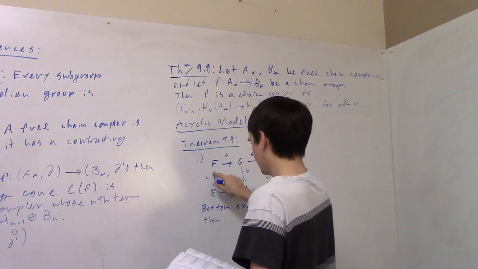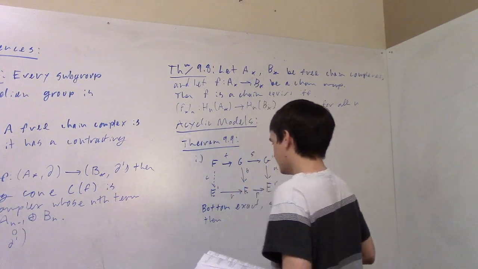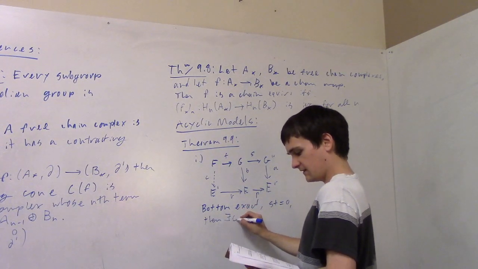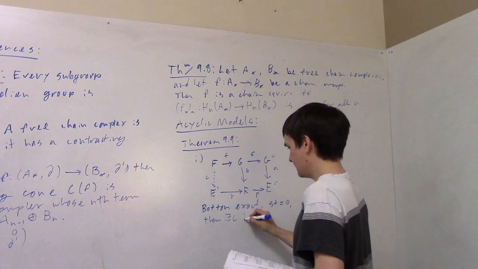Then, with the dashed lines there, there exists a homomorphism C that makes the first square commute.